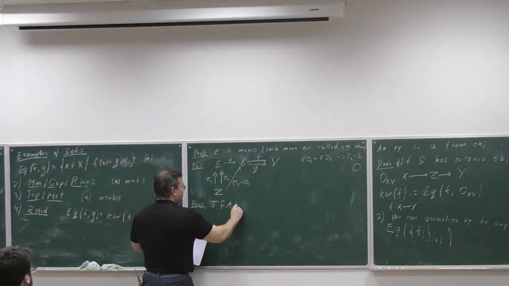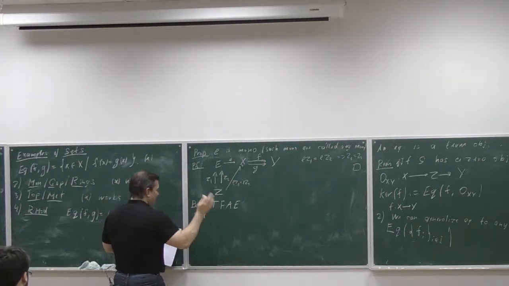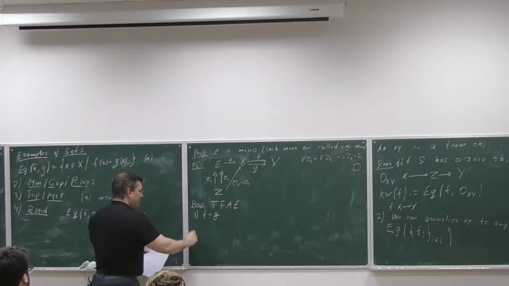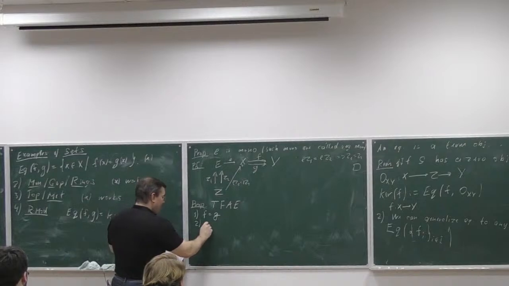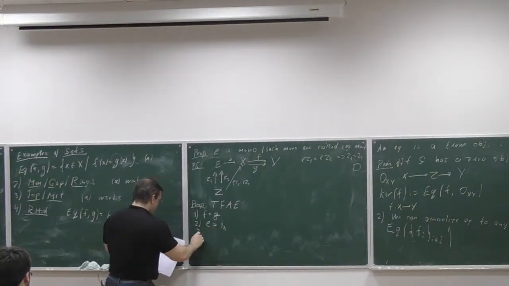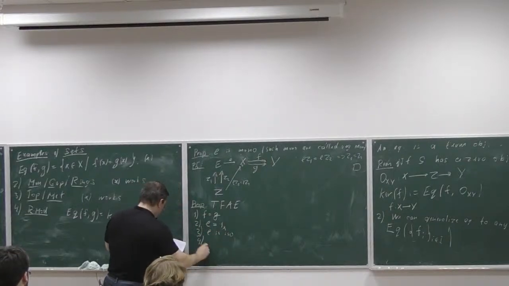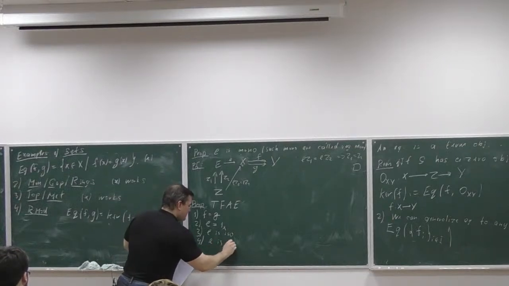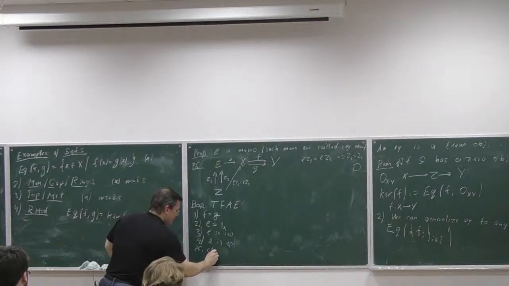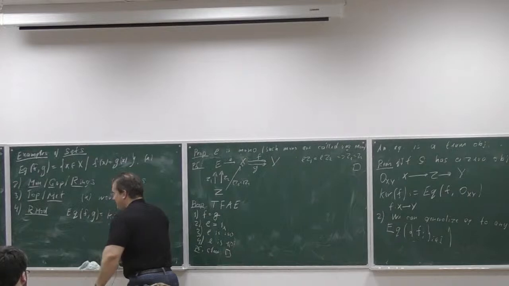The following conditions are equivalent. First, we still study the same situation with the fork. 1: F is equal to G, the two maps coincide. 2: the projection in the equalizer map is the identity on X. 3: E is an isomorphism. 4: E is an epimorphism. Proof? Clear. It doesn't really require any proof.